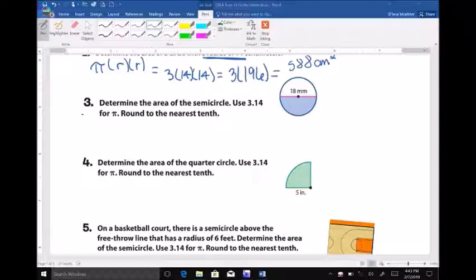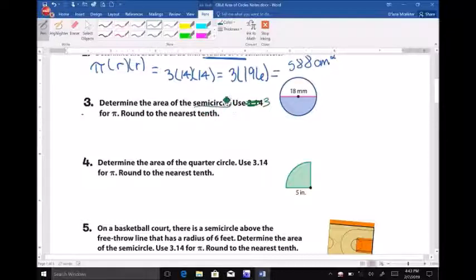Let's take a look at number 3 and 4. These are a little bit different. Number 3 says to determine the area of a semicircle, use 3.14. But like I said, I think we're going to go ahead and use 3 instead of 3.14 to find the area of the semicircle.